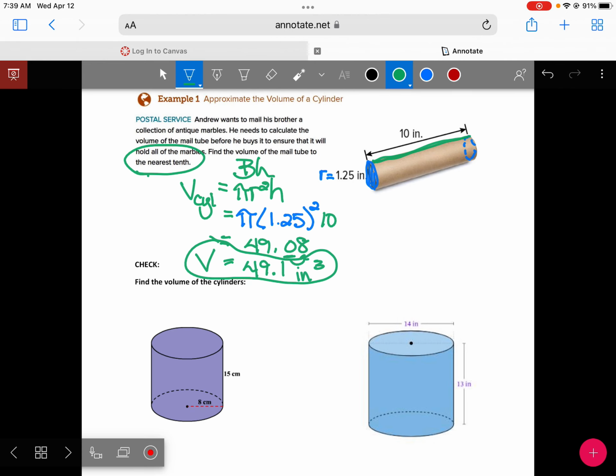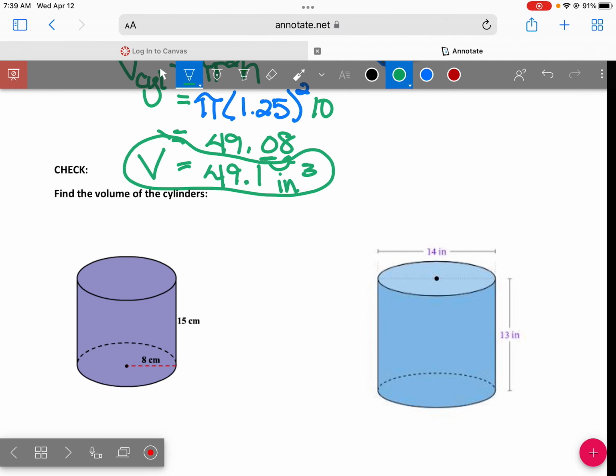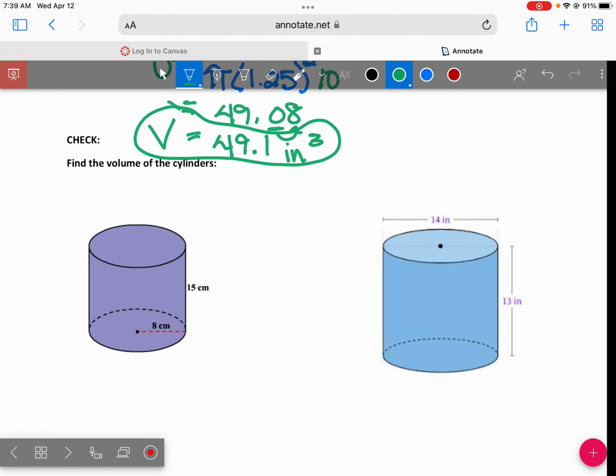Okay, let's go down and do the check. We're going to do the one on the right, which is this cylinder over here. Right here, I have a base, so that makes it a prism of sorts.